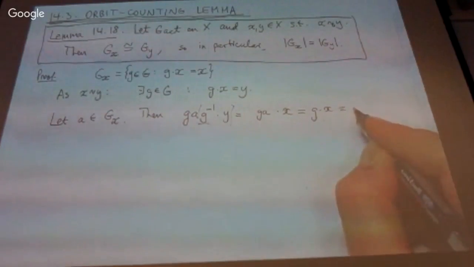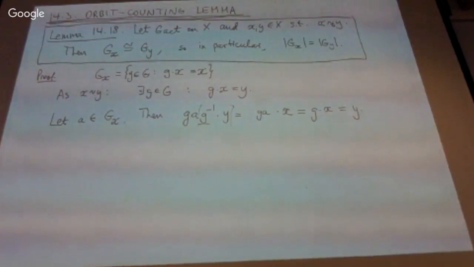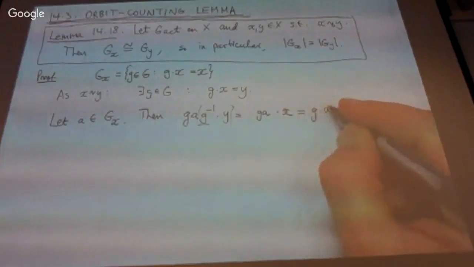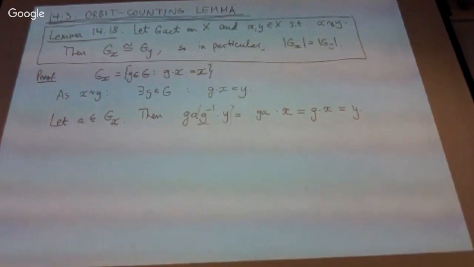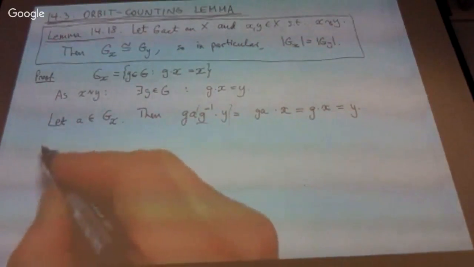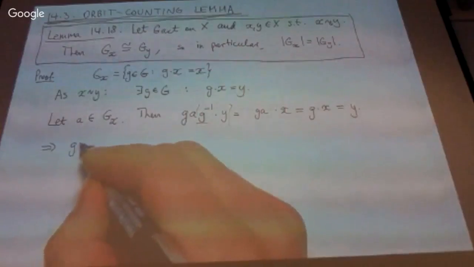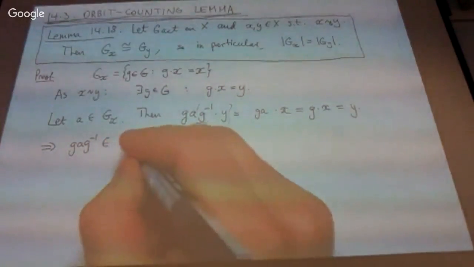So that is Y. So that means that this g a g inverse, this conjugate element, is in the stabilizer of Y.